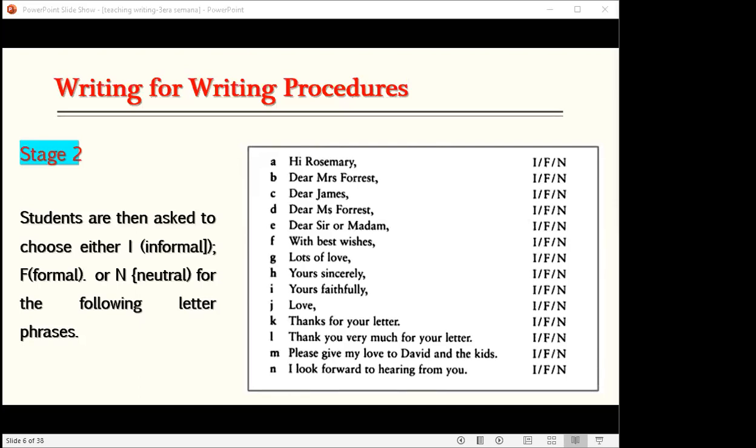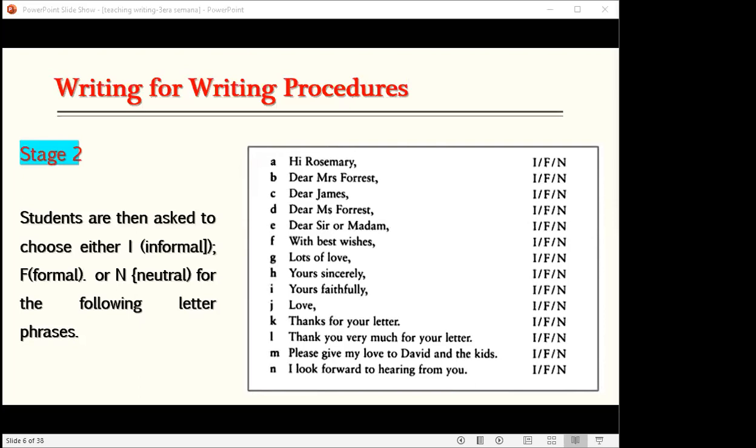We are using different languages, no? Different kinds of languages. So how do you call these different kinds of languages according to the person or the context you're writing to? Informal or formal, no? So we could use, remember, these two, formal or informal.